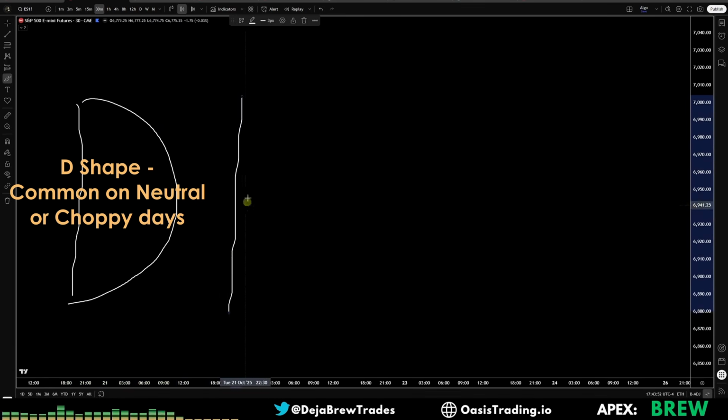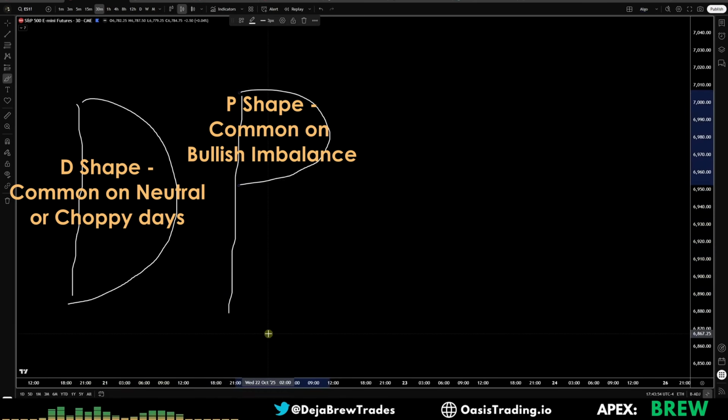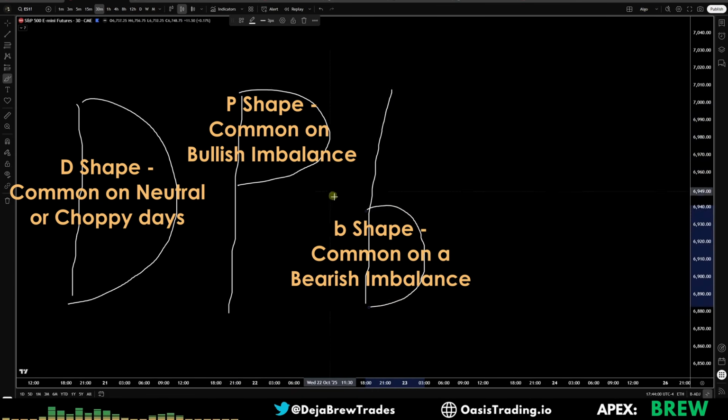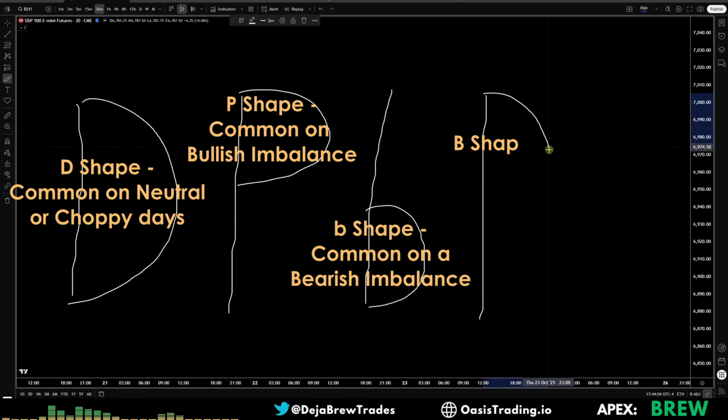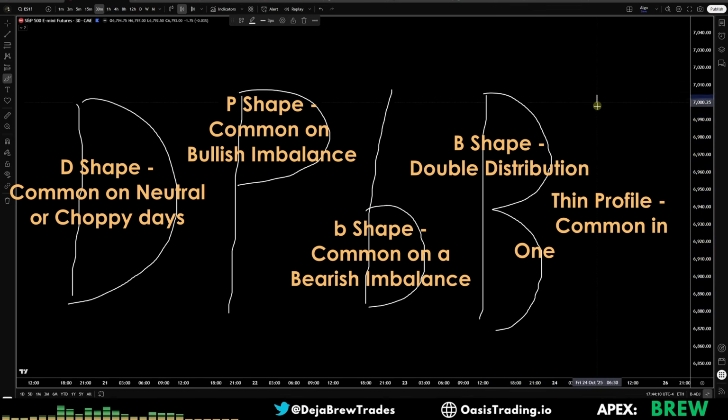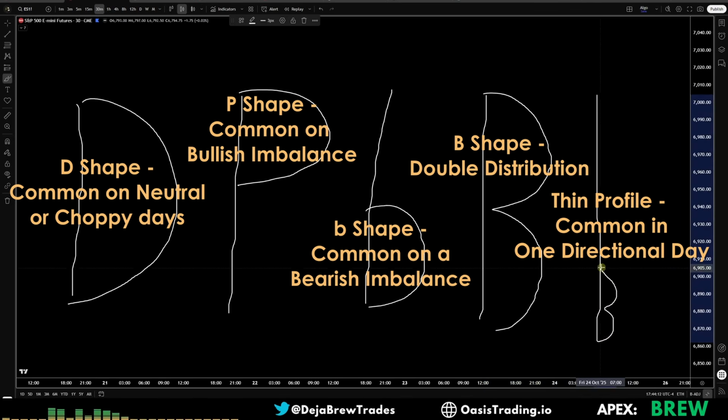We have the capital P, very common in a bullish imbalance. We have a lowercase b, very common in a bearish imbalance. We have a capital B, a double distribution where you have two bell curves. And then finally, we have a thin profile where it has a lot of nodes throughout that profile. Very common in a one-directional day, either trending bearishly or trending bullishly.